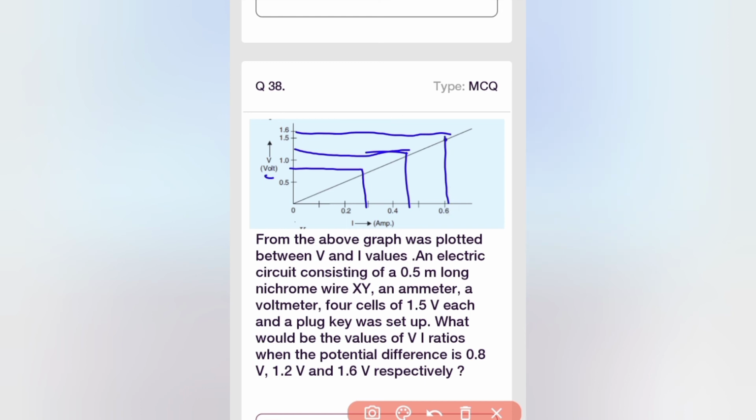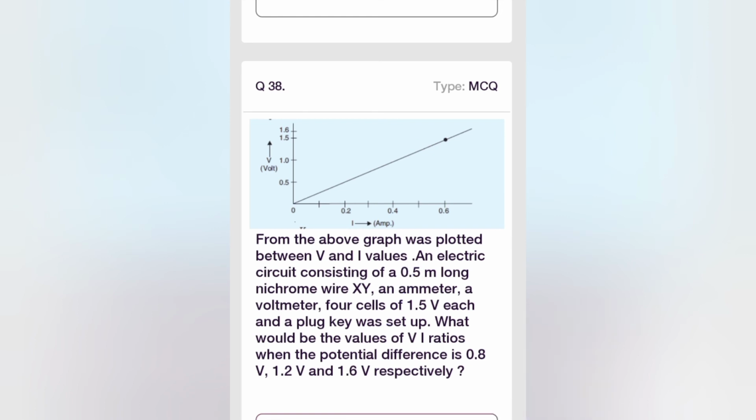When we divide this, what is the ratio going to be? Resistance. So we know that in Ohm's law, the resistance will be constant. So which will be the correct answer?